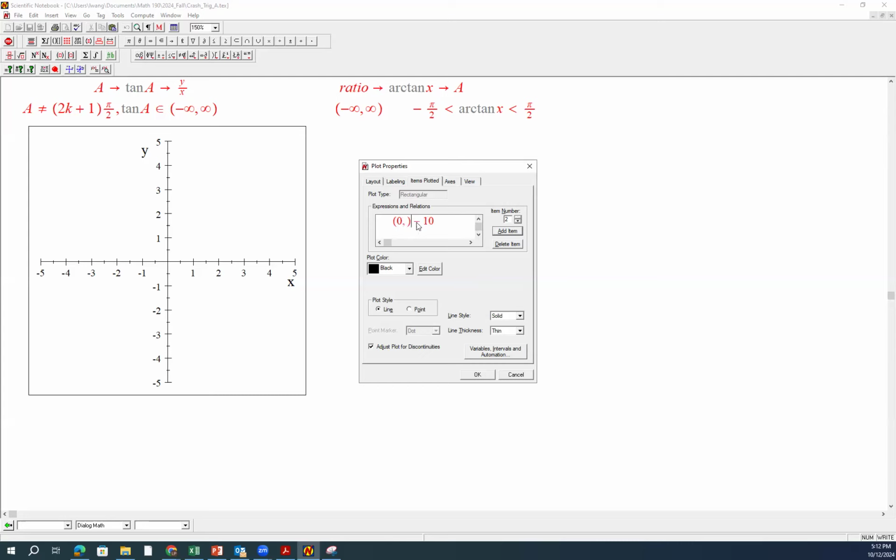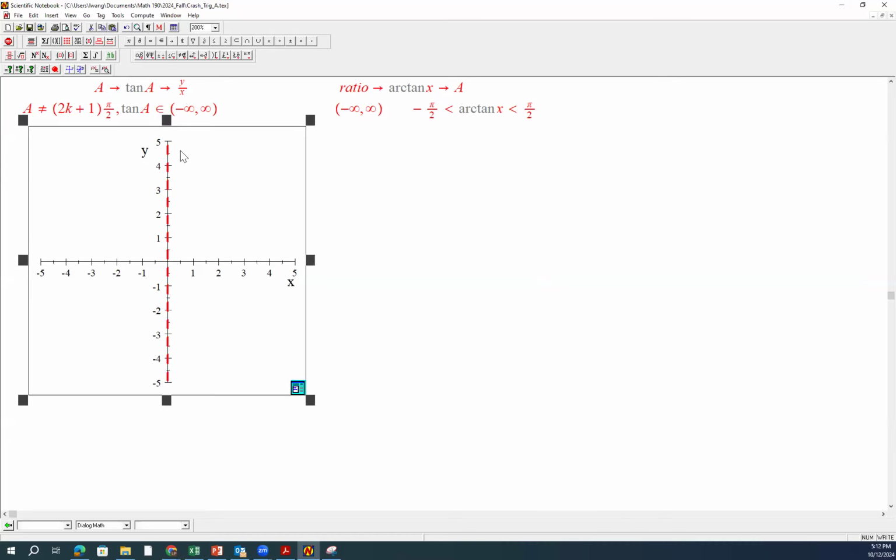You don't need to worry about the grammar. Broken line, that's what I want. So this is the broken line for arctangent in terms of range. So this quadrant is out. This quadrant is a no-fly zone.